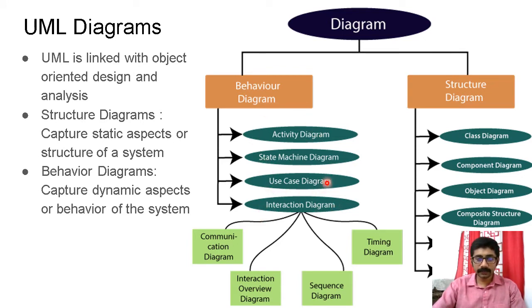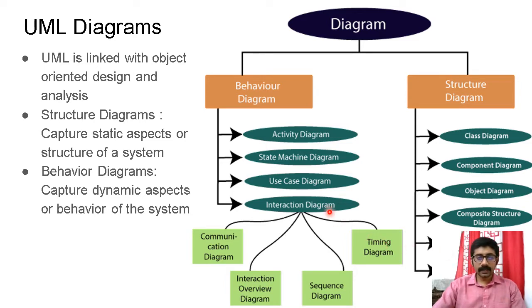All are behavior diagrams. Even for interaction diagram, there are again subcategories: communication diagram, interaction overview diagram, sequence diagram, timing diagram. In structure diagram, there are different categories: class diagram, component diagram, object diagram, composite structure diagram, deployment diagram, package diagram.